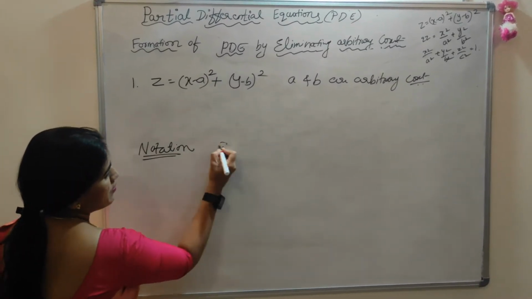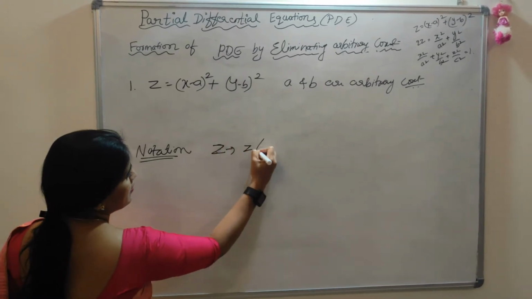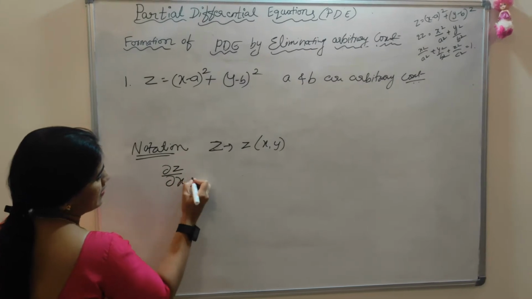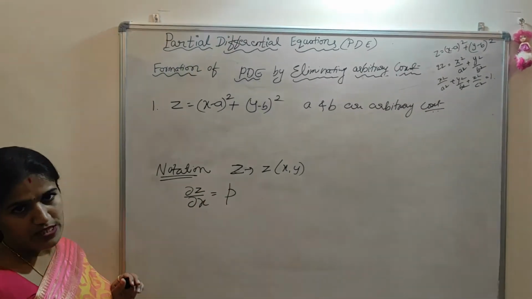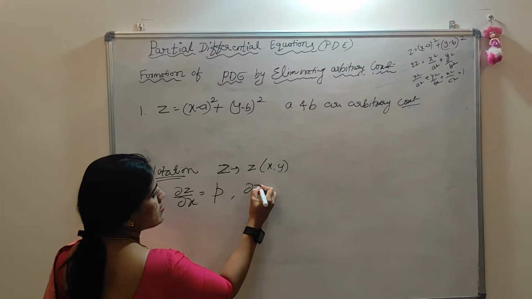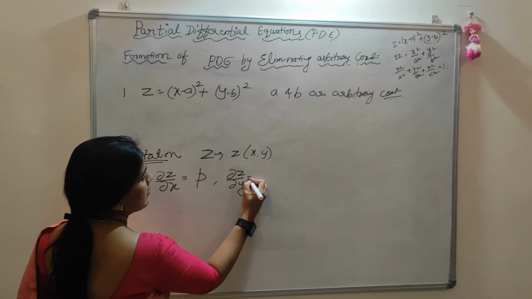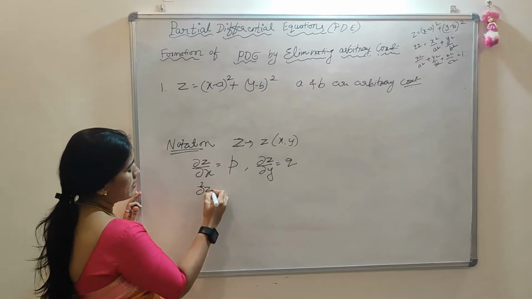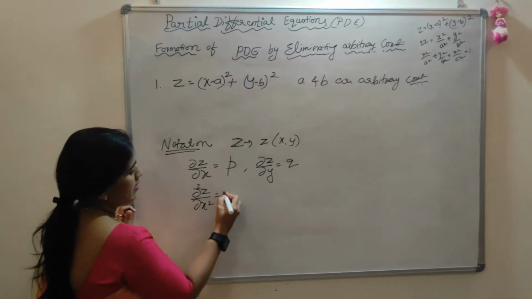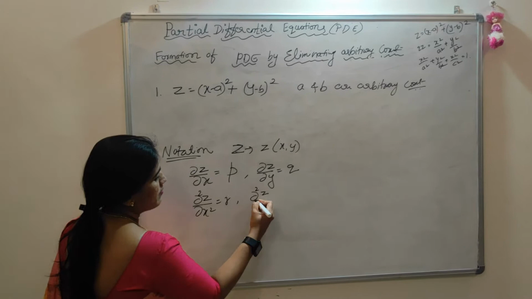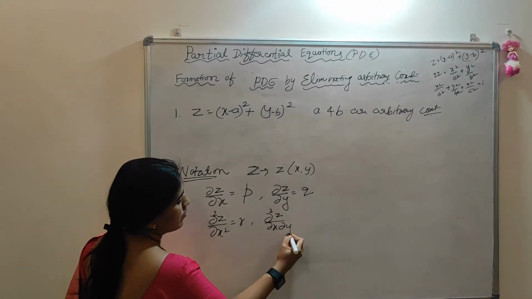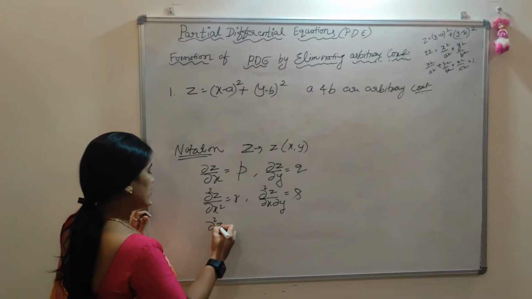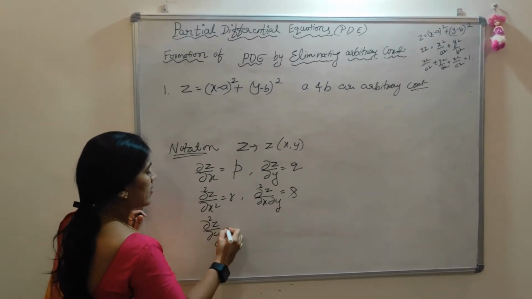If z is a function of x and y, then ∂z/∂x is represented by p, small letter p, and ∂z/∂y is represented by q. ∂²z/∂x² is r, ∂²z/∂x∂y is s, and ∂²z/∂y² is t.